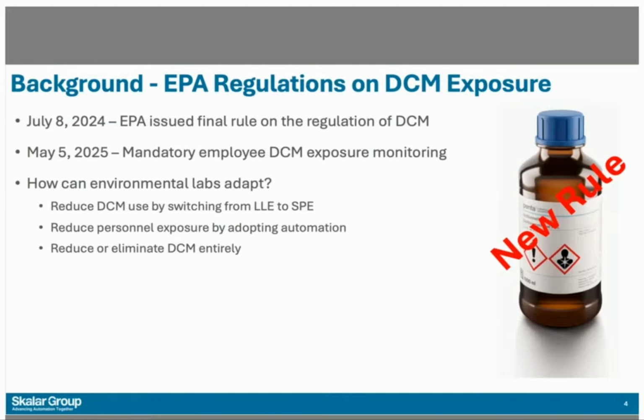So how do environmental labs adapt when this substance is so helpful for taking basically a measurement to protect human health, but is also a risk to human health in and of itself? How do we adapt when the EPA methods that are often required to be followed require DCM, but, on the other hand, we're being asked to restrict or remove it from the lab?